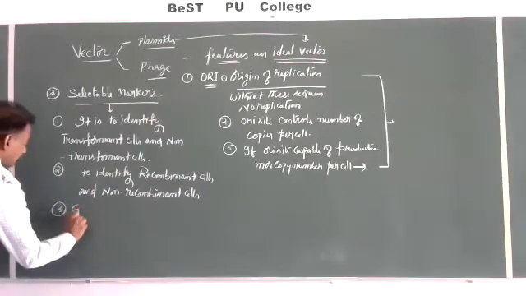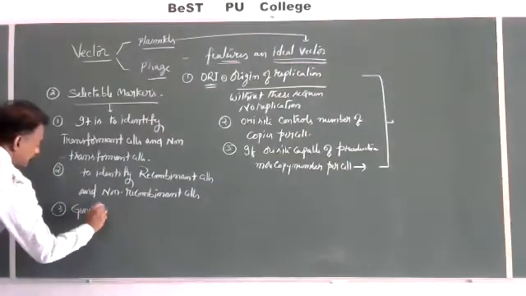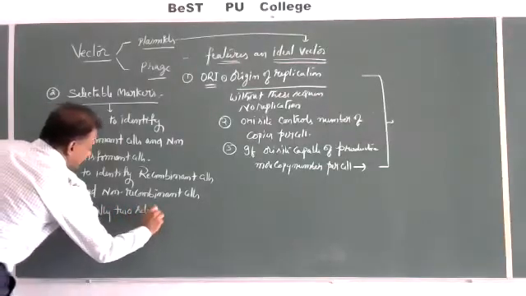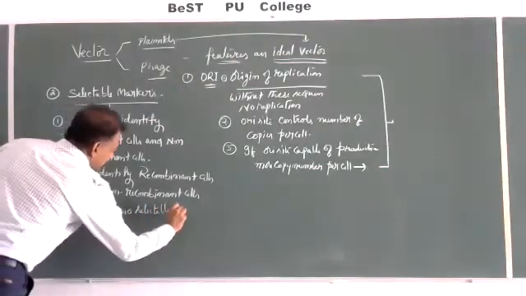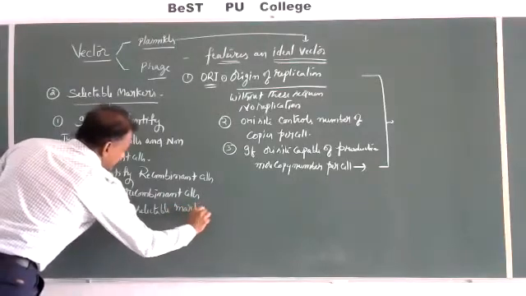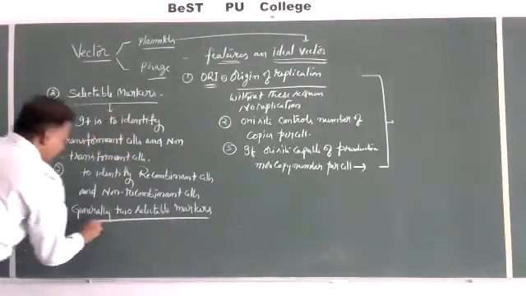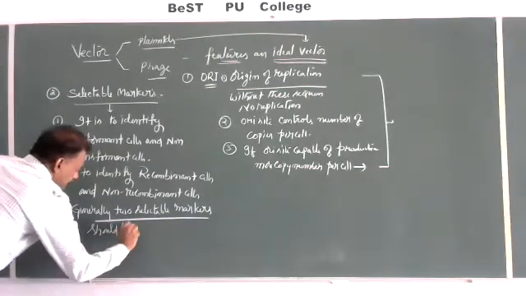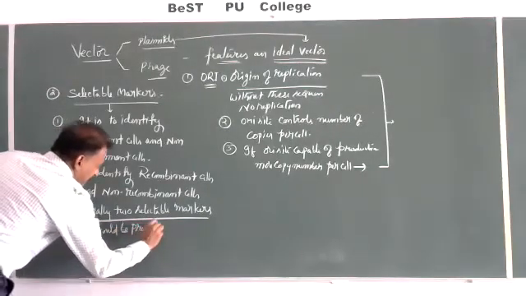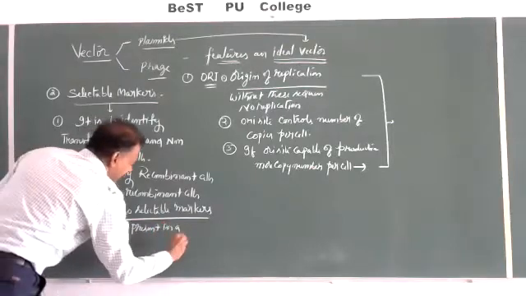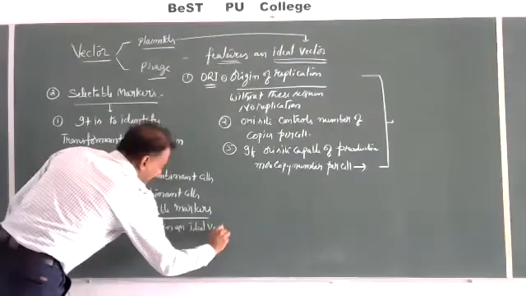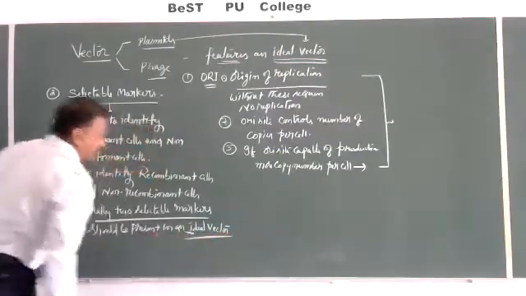Generally, two selectable markers should be present in an ideal vector or plasmid which is used as a vector.